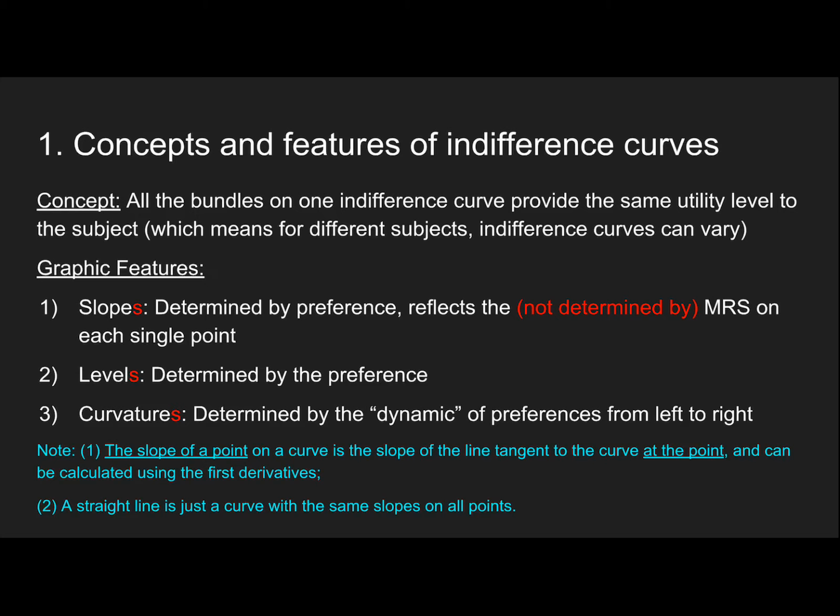So if we know the slope, maybe it's upward or downward sloping, and then we know the levels, meaning the line further from the origin has higher utility, and we know the curvature, maybe it's concave. Then we can draw the indifference curves.